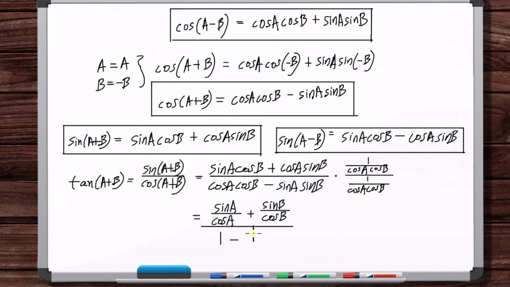So let's just write that out. Sine a sine b over cosine a cosine b.